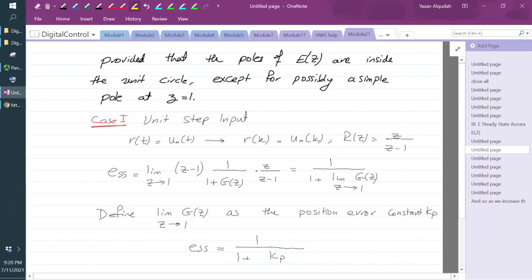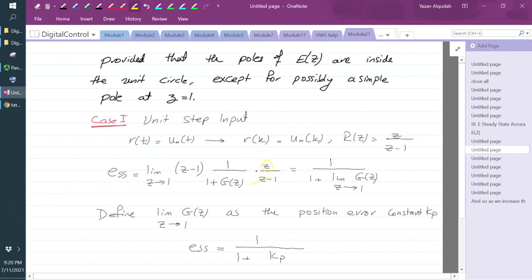This is R of z. Z minus 1 with z minus 1 is going to cancel. And since I'm taking the limit as z goes to 1, this z becomes a 1. And therefore, this is going to equal 1 over 1 plus the limit as z goes to 1 of g of z.